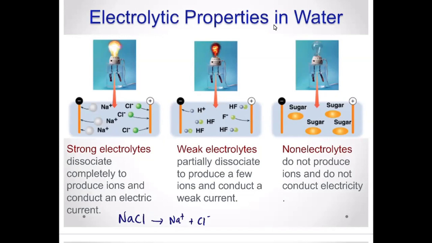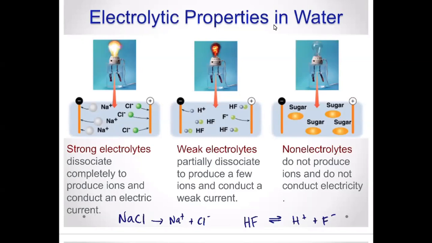Some compounds, though, are weak electrolytes, meaning they only weakly conduct electricity. And that means you're not getting a lot of ions in solution. So this is hydrofluoric acid. And we'll draw this double arrow, meaning that it can go in both directions to get the hydrogen ion and the fluoride ion.